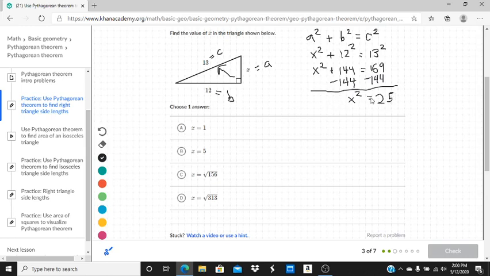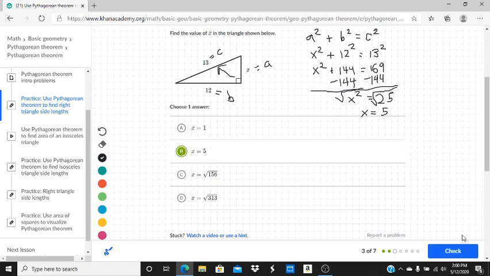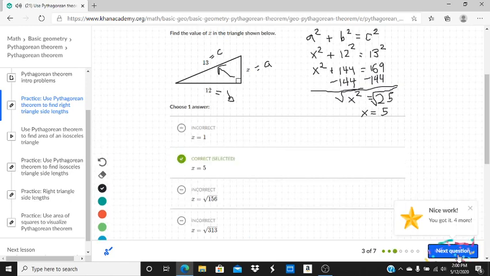Okay, we want to get just x, so we're going to take the square root of x squared, and we'll have to do that with both sides. So x equals the square root of 25, which is 5. Okay, so let's check our work. All right, let's try another one.